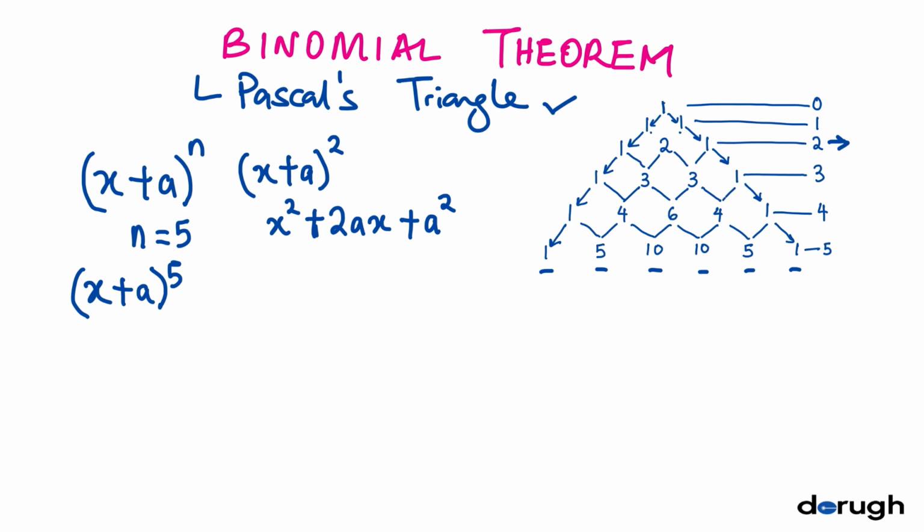We have 1, we have 2, and we have 1. Coming back to the result, you see that the coefficient of x squared is 1, the coefficient of ax is 2, and the coefficient of a squared is also 1.